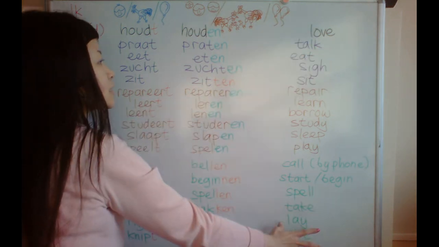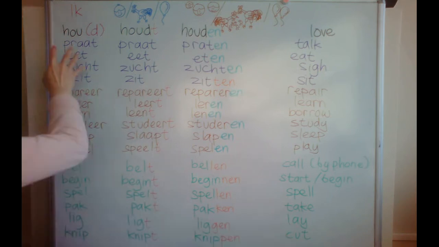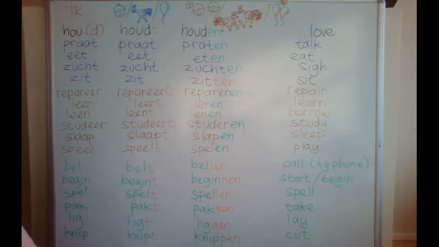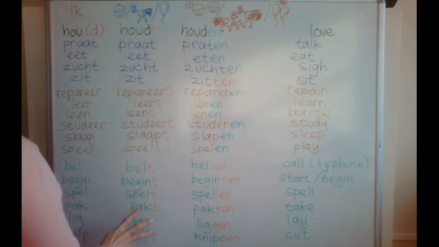And this is the English translation. Ik is I, and subject that consists of one.